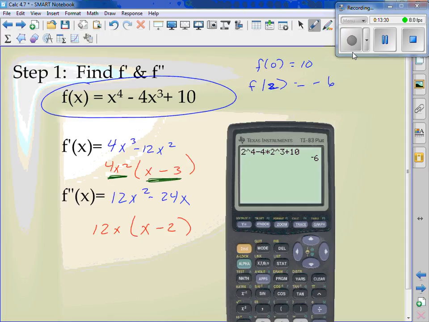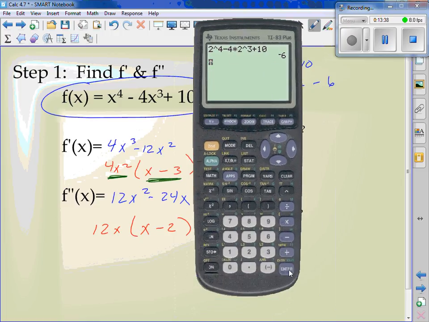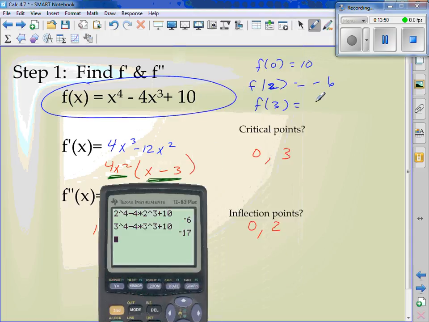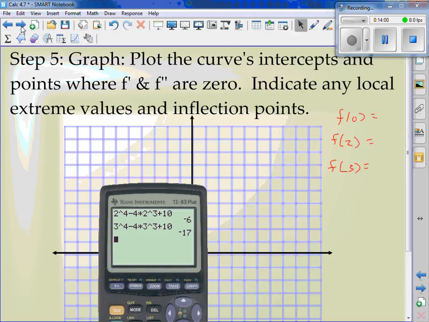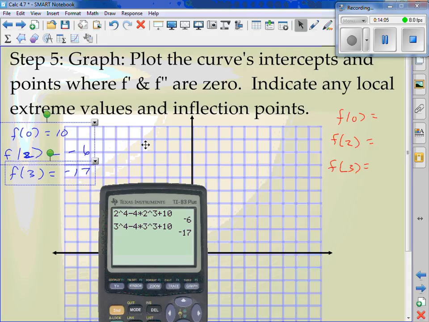Now I need to do the exact same thing for 3. And the faster way to do it, second, enter, change the 2's to a 3. Negative 17. So there's my 3 values.